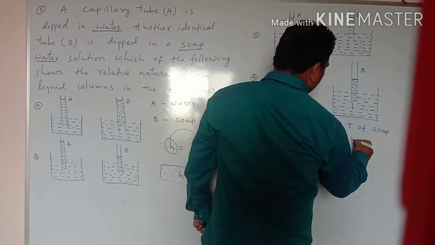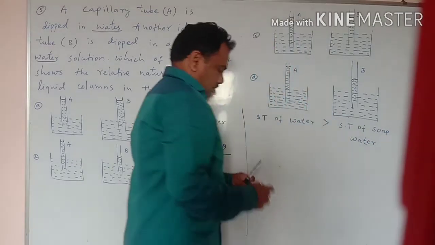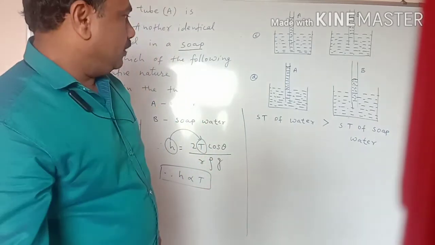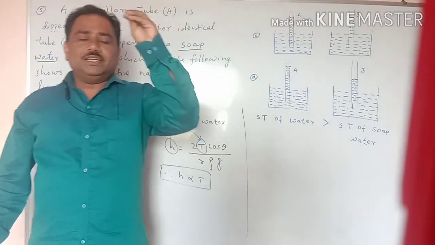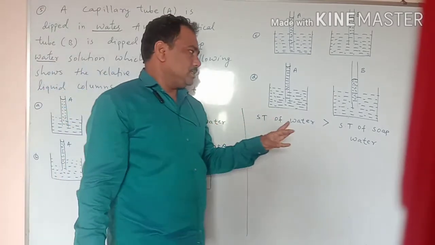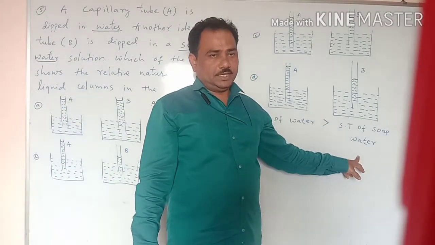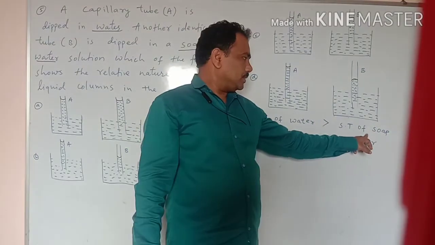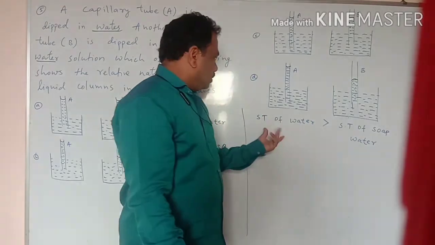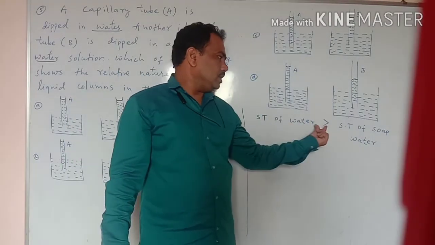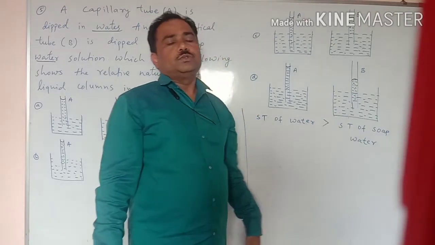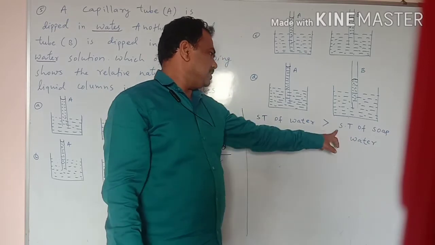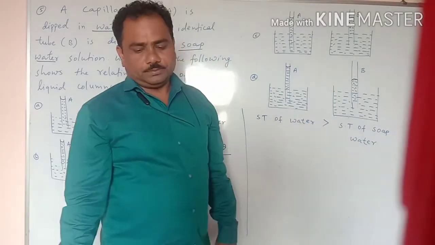This is the conclusion, because we have seen in impurities that if detergent is added to a liquid, then its surface tension obviously decreases. It means the surface tension of soap water decreases, or we can say the surface tension of soap water is less than the surface tension of water.